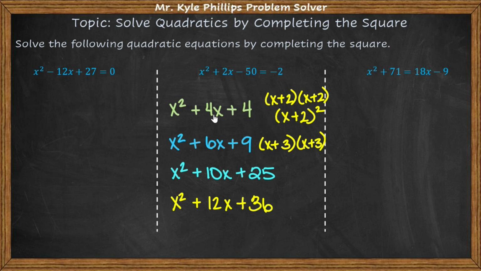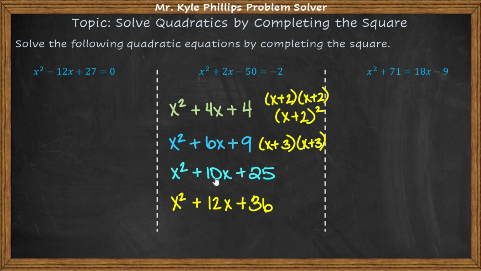Now, have you noticed anything about the b and c term? Because there is a pattern with each trinomial. Here's what you do. You take the b value, half it, and square it. What's half of 4? 2. What's 2 squared? 4. What's half of 6? 3. What's 3 squared? 9.